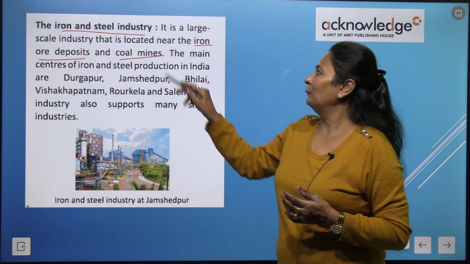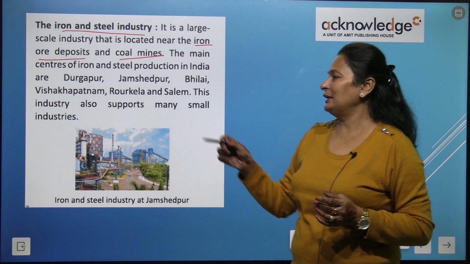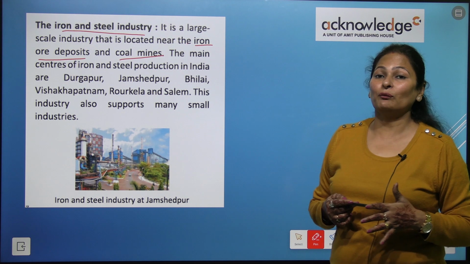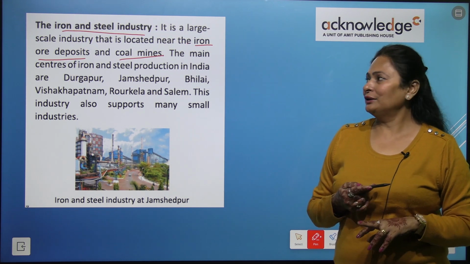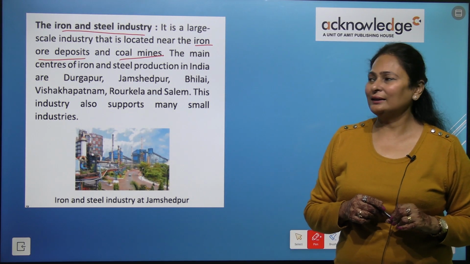And the coal mines. So iron and steel industries are set up. These are large scale industries and they are located where the iron ore deposits and the coal mines are.